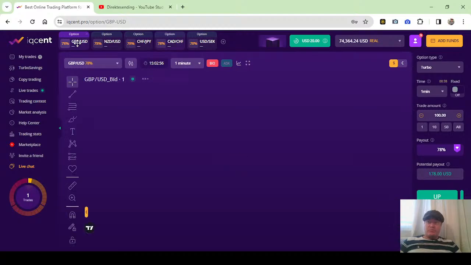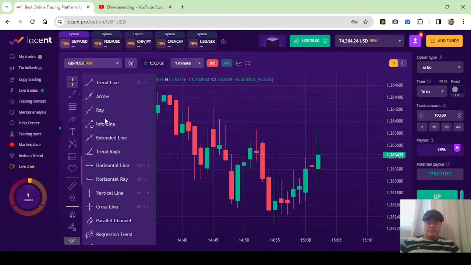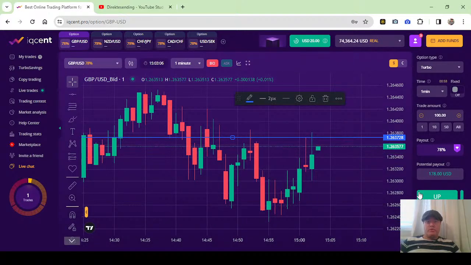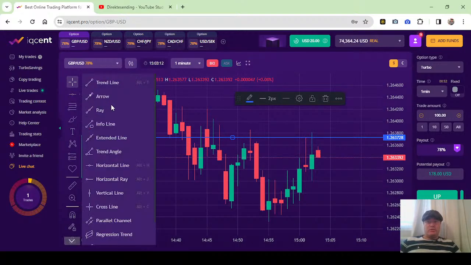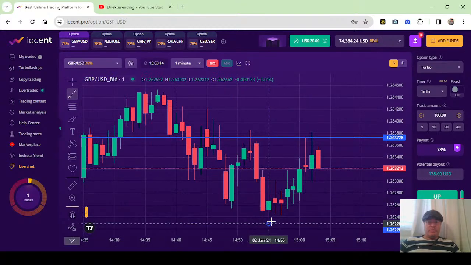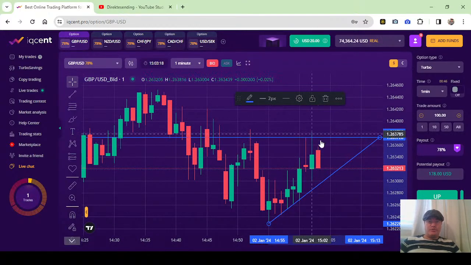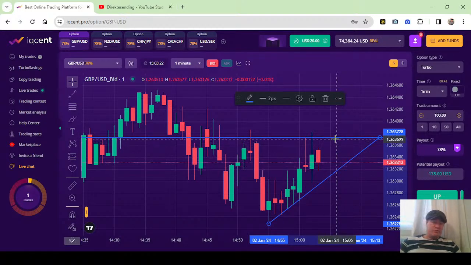Let's check GBP. Entry. We do see a small trend, but we still have much space left, so an entry up there will still be good.